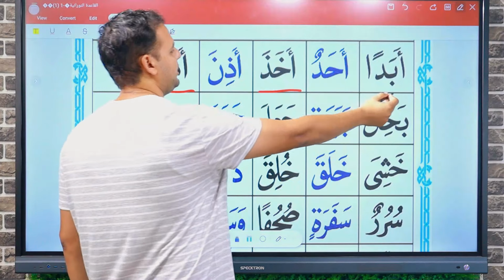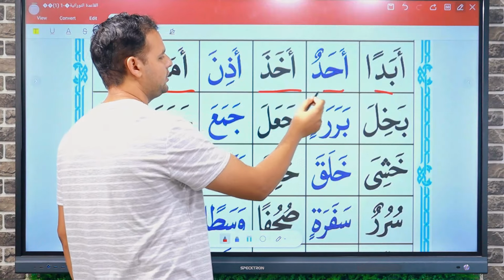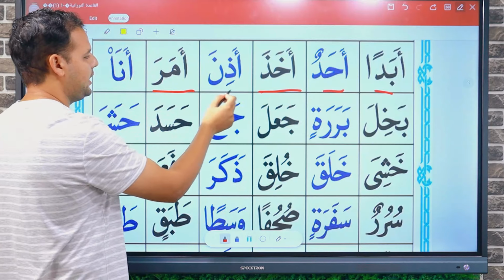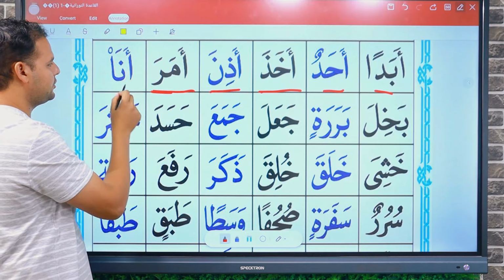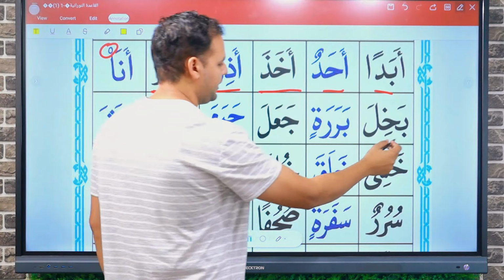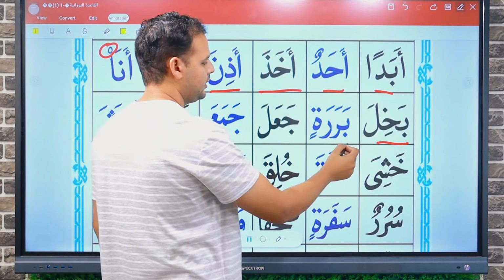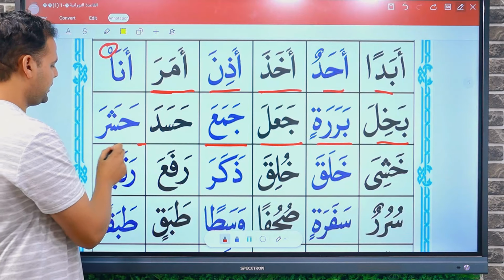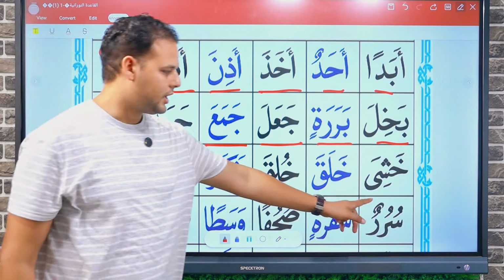Okay, so that's abadan, ahadun, akhada, adina, amara. This one is ana. We'll talk about this symbol later on, inshallah. And here we have bakhila, bararatin, ja'ala, jama'a, hasada, hashara, khashiya.